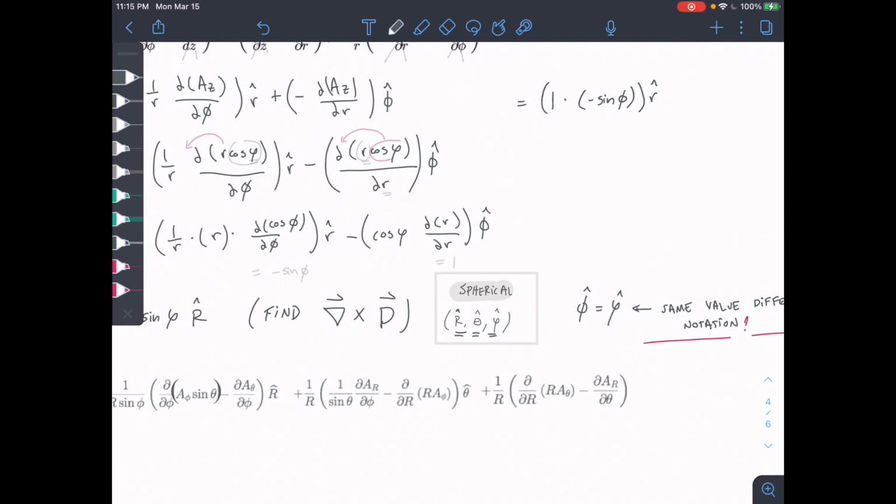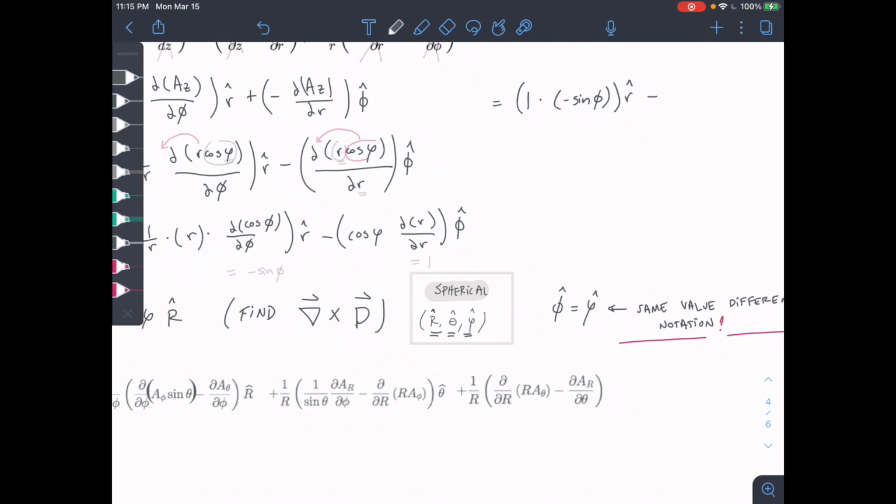Then we have minus cosine of phi, and the derivative of r with respect to r was 1, so multiply by 1, and that is in the phi hat direction. So our answer is negative sine phi r hat minus cosine of phi in the phi hat direction.